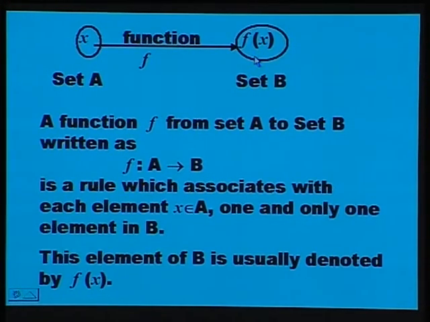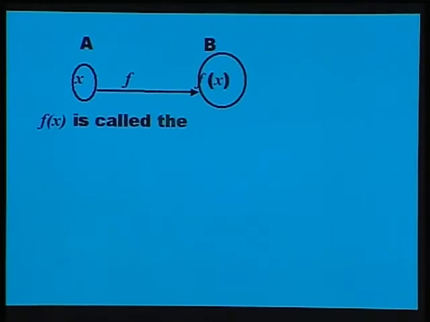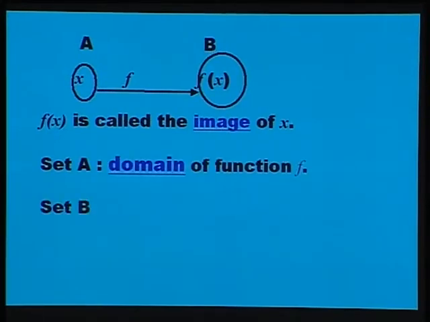We will now consider some of the notations, some of the terms associated with functions. So, again, consider a function from set A to set B. fx is called the image of x.